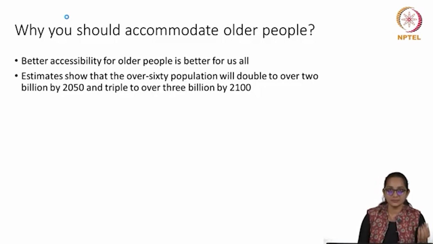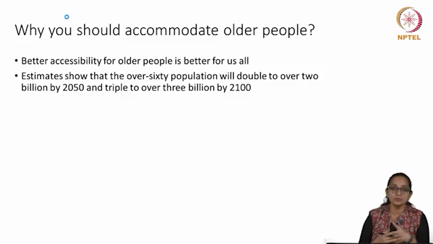Other than that, estimates now show that the over 60 population will double over the next few decades to 2 billion and triple to over 3 billion by 2100, in the next 70 years or so.